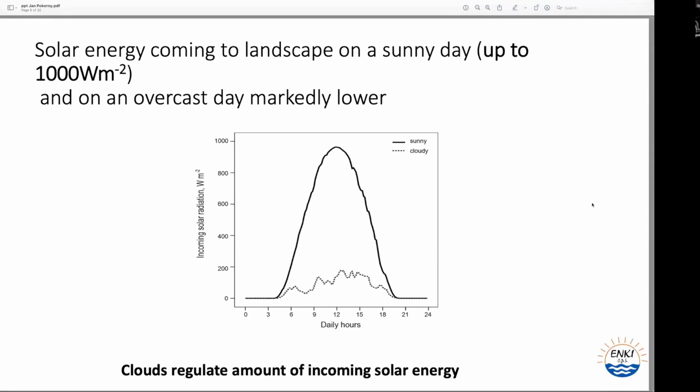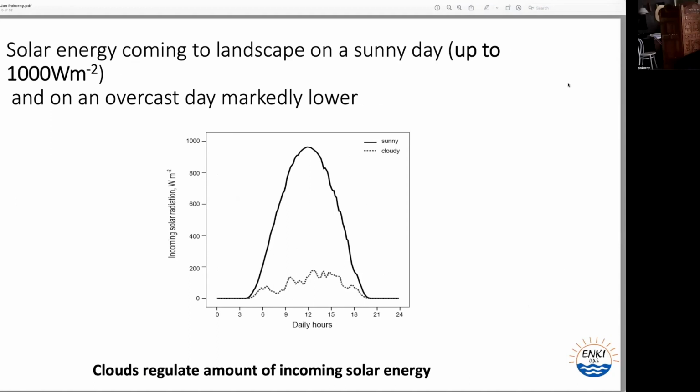The vertical axis is watts per square meter we are getting on the surface of the Earth, and the horizontal one is daytime. You see, when there is a clear sky, we are getting up to 1000 watts per square meter. When it is cloudy, we are getting several times, or orders of magnitude, less. Next.